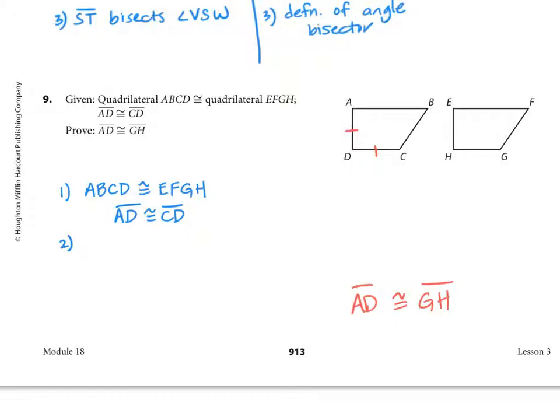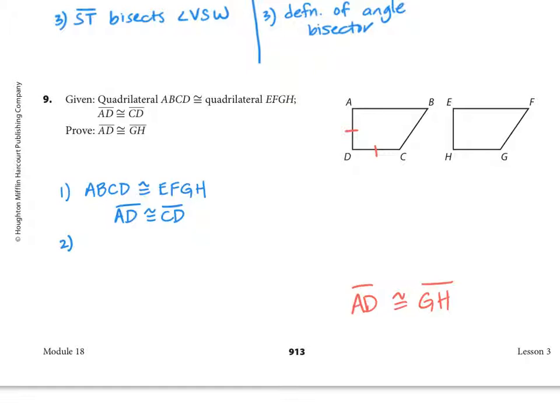I can tell by looking at the congruent statement, AD, those are the first and fourth letter. GH is the third and fourth letter. So those don't correspond, right? We can't say that they are congruent because they correspond. That's what I mean. Well, what does AD actually correspond to?